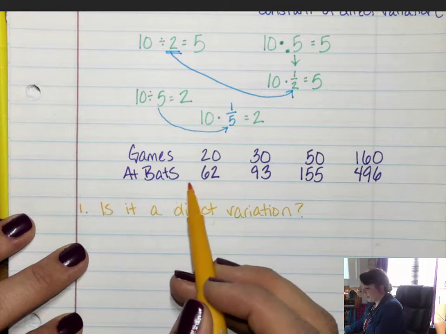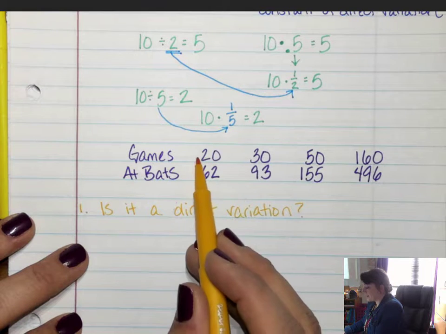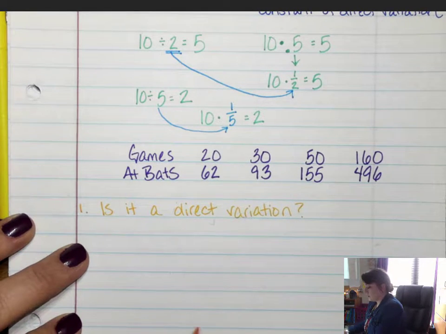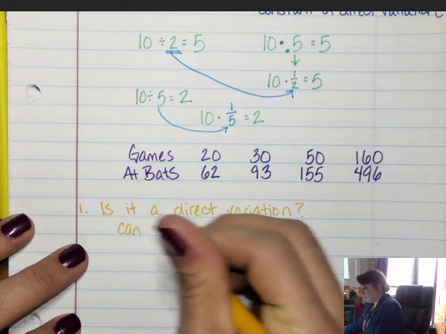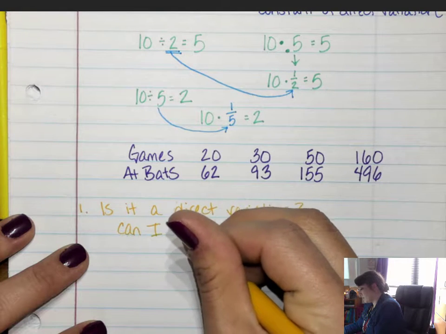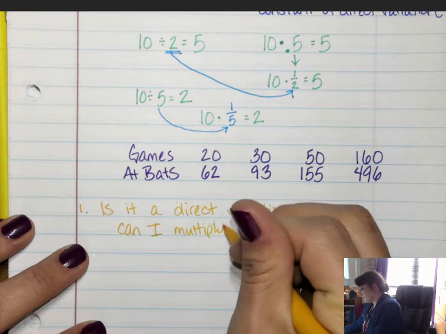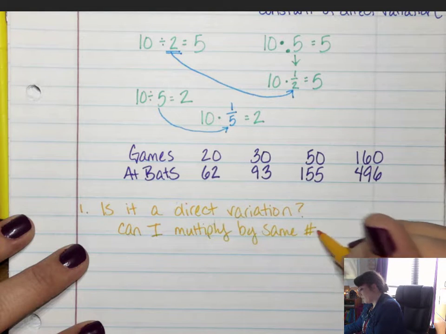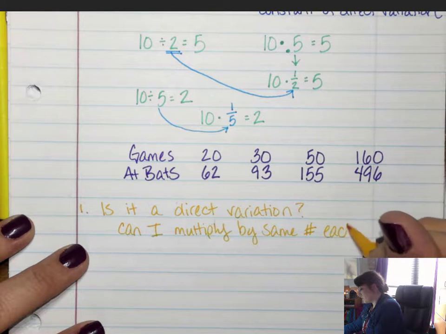So I need to figure out, can I multiply by the same number each time to get y? There's a reason I picked this example.